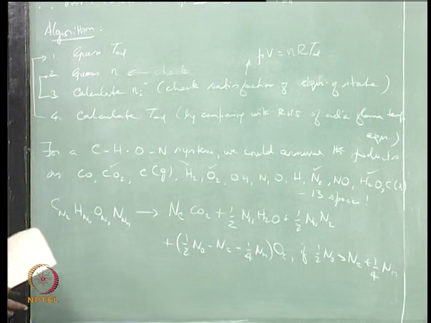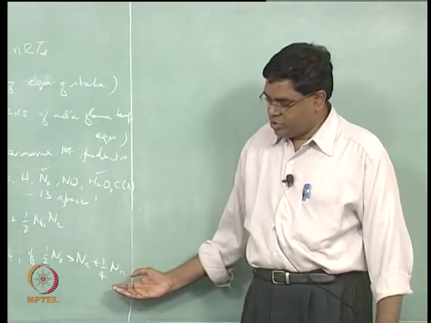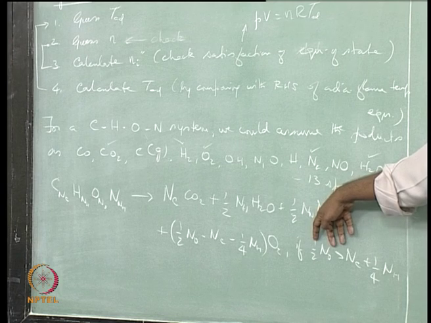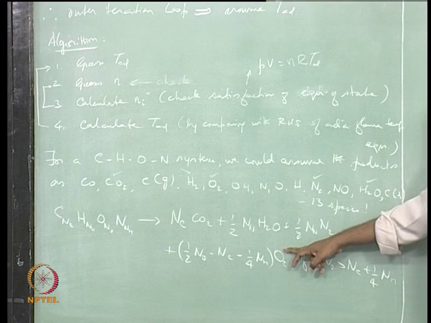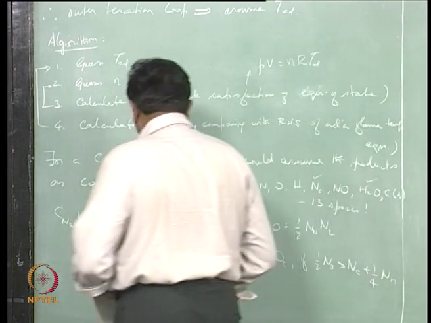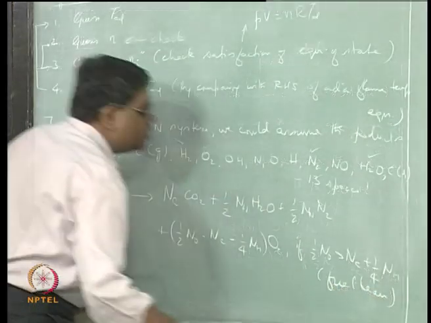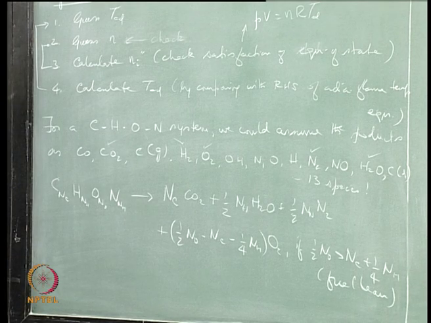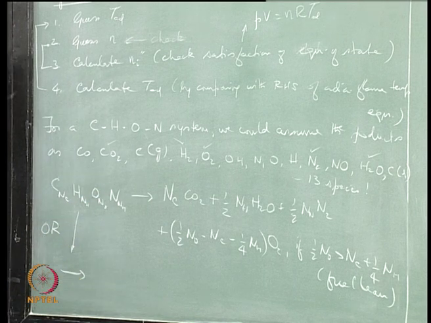So this is the combination of the hydrocarbon for which you need to have so much oxygen in excess for a fuel lean combination to assume O2 as a final stable product, right. So this is a fuel lean situation.